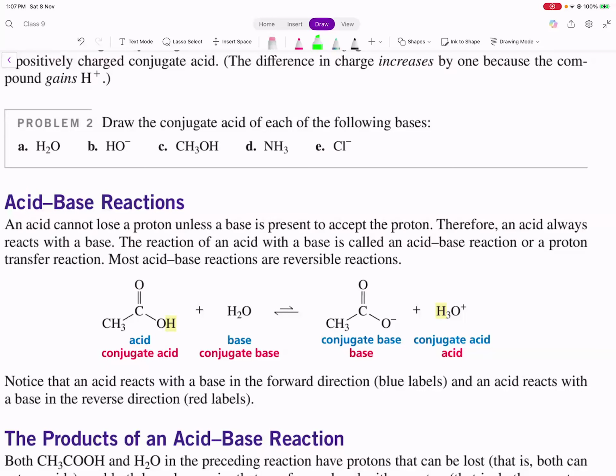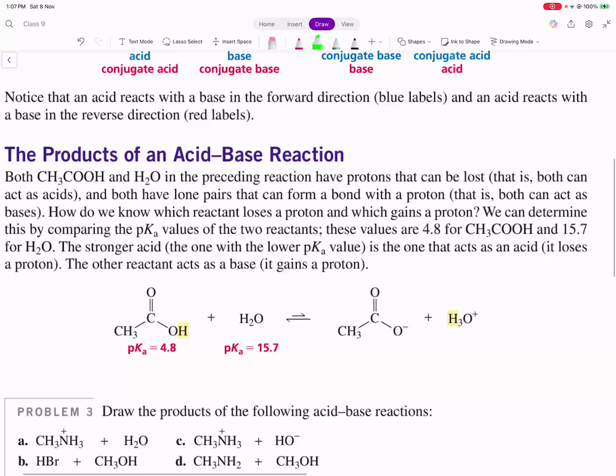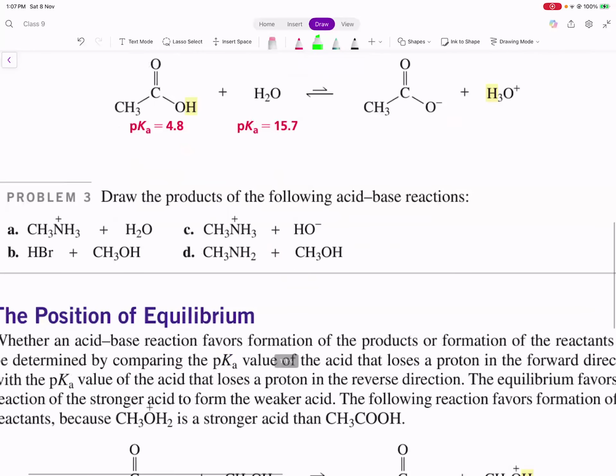When you send, Sanchita, you also let me know, please. Okay, nice. Now this reaction, now you have to draw this. Three.